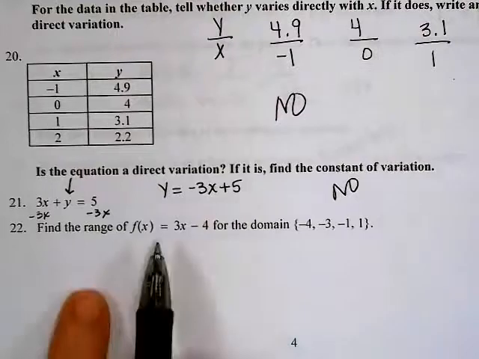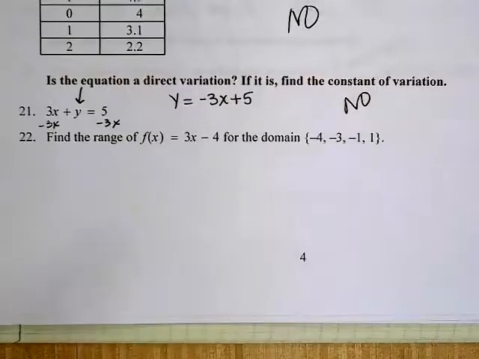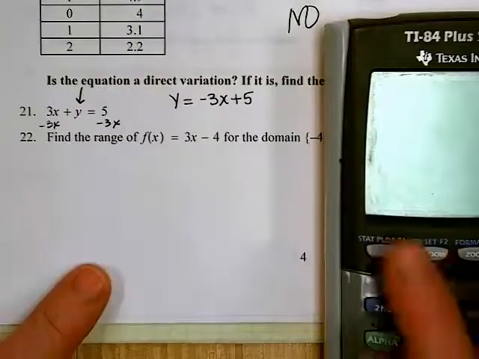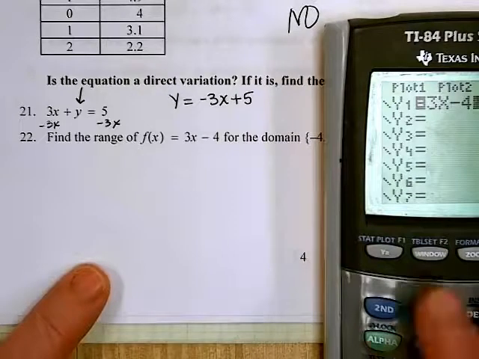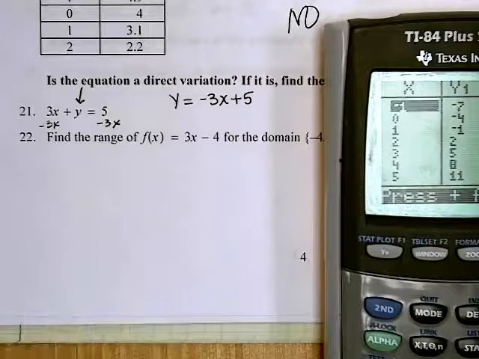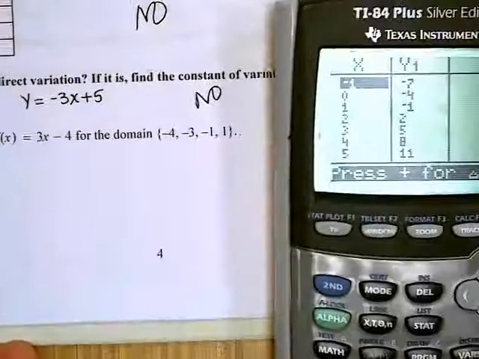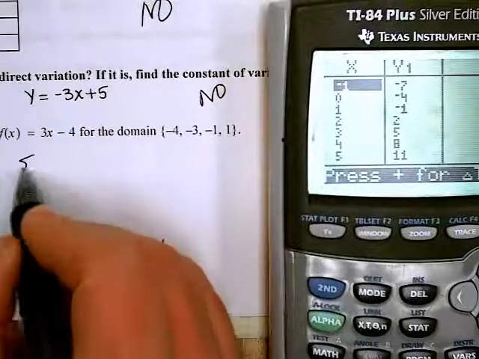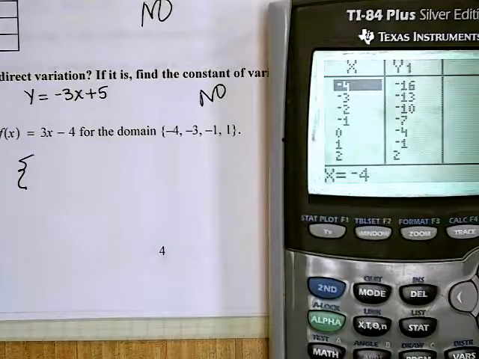22. Find the range. You're going to put this in your calculator. Get your calculator out and go to y equals. Enter the function 3x minus 4 and go to the table. You don't need every number from the table. You need a specific set. You need to know the y value when x is negative 4.